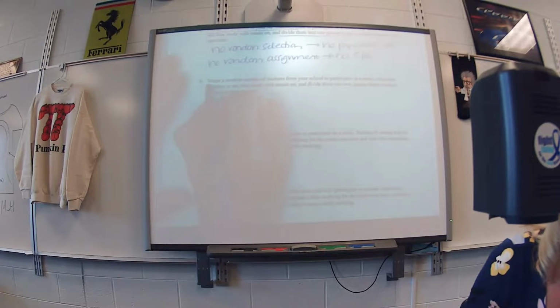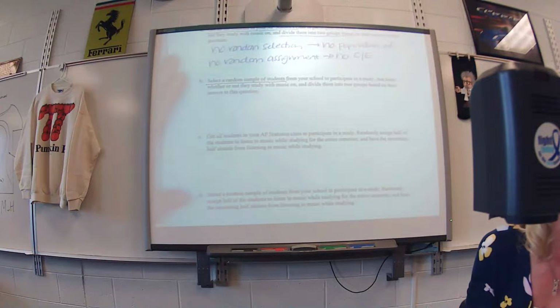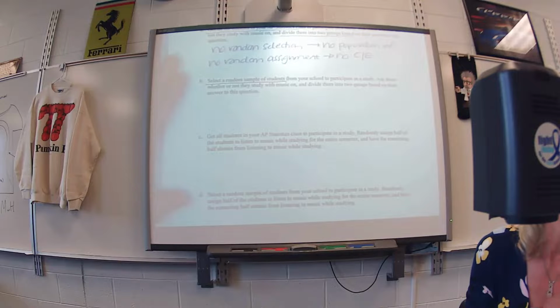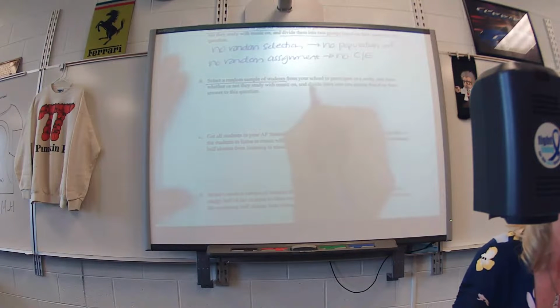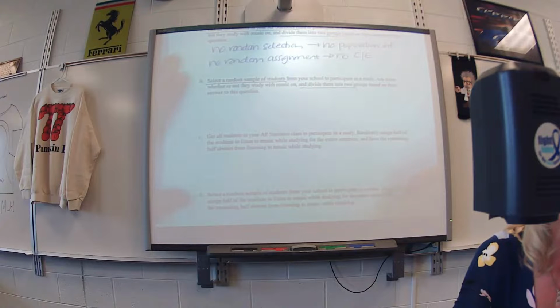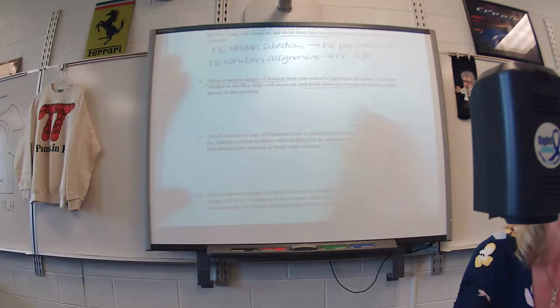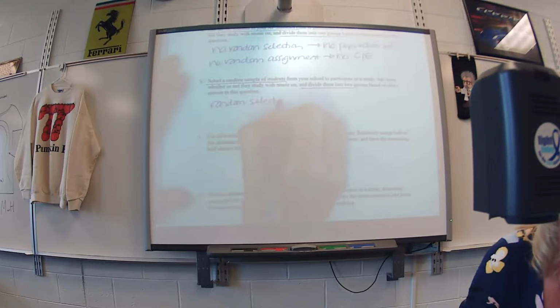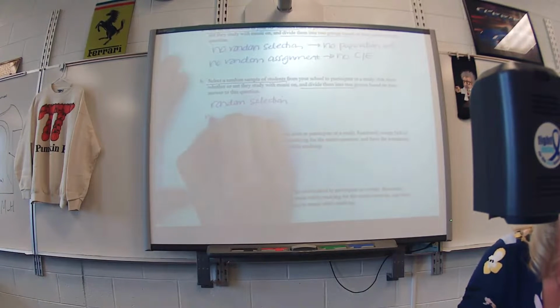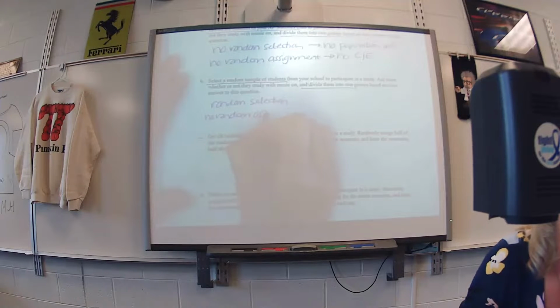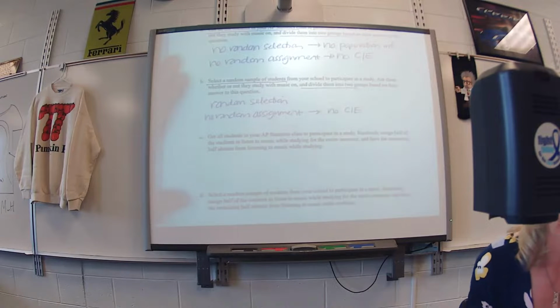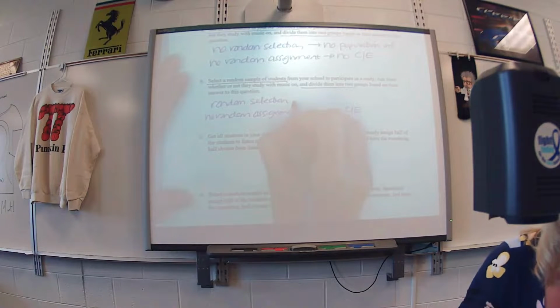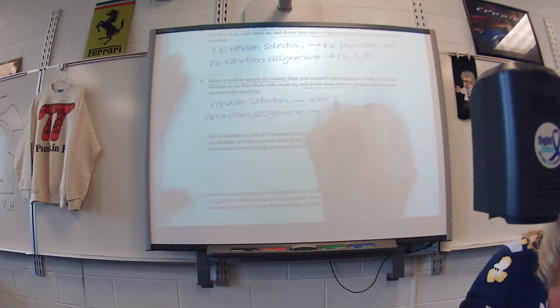Now, if I select a random sample of students from the school, but then ask them to divide themselves, I have a little something here. I have random selection, but I don't have random assignment. So I still cannot make any cause and effect claim, but I could infer back to the population.